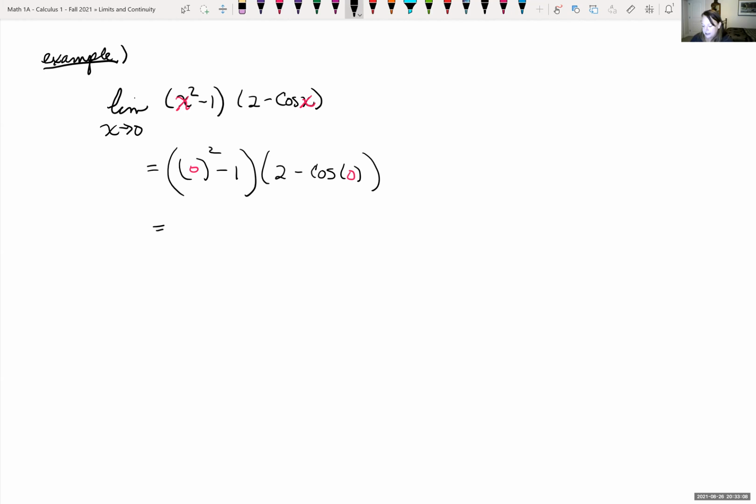Well, 0 squared is 0 minus 1, so we have -1 left in our first parentheses. And then 2 minus cosine of 0. Cosine of 0 is 1, so 2 minus 1 here. So we really have -1 all times +1, which is -1.